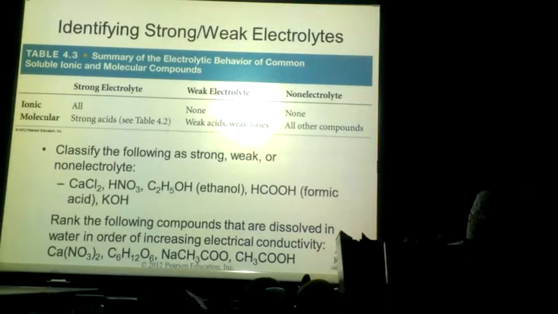So if I'm going from increasing electrical conductivity, I want the non-electrolytes first. Calcium nitrate, that has to be a strong electrolyte. It's an ionic compound. If now I'm looking at C6H12O6, so we're looking at glucose, that would not be an ionic compound, that would be a molecular compound, and it's not a strong acid, weak base, so it has to be a non-electrolyte here.